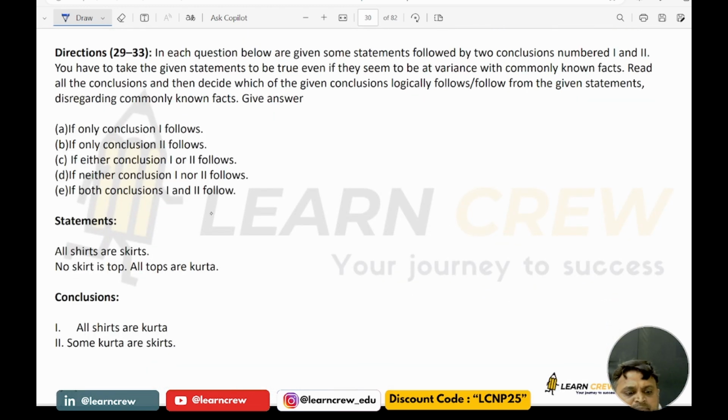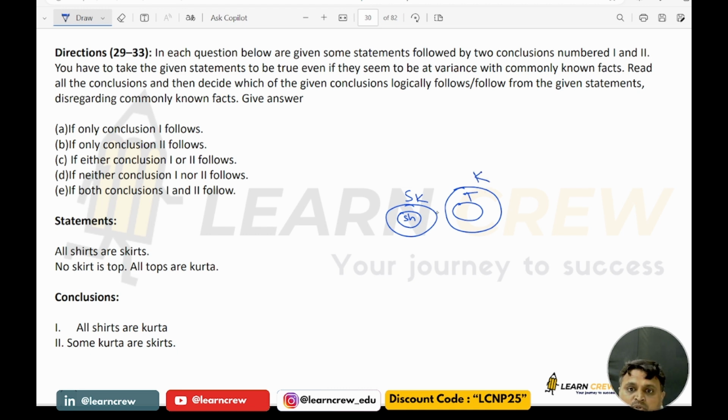Now the next questions are based on syllogisms. Let us see this. All shirts are skirts. No skirt is top. All tops are kurta.